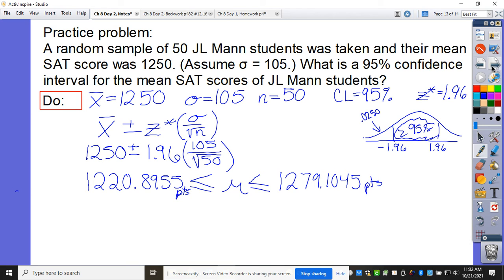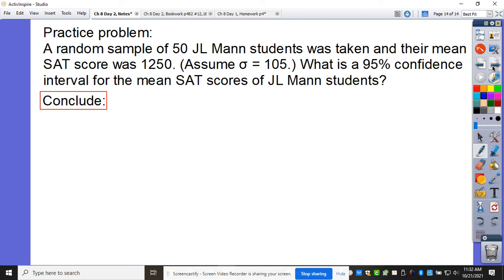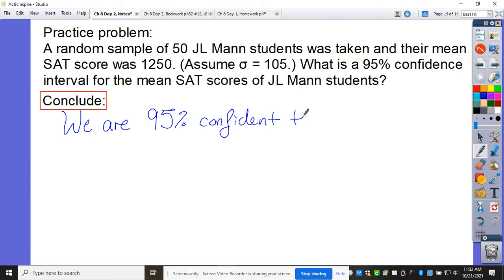Alright, so all I have left is my conclusion, which starts with what? We are. We are what percent this time? What are we 95% confident that?